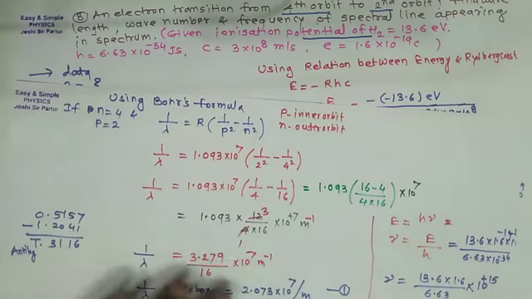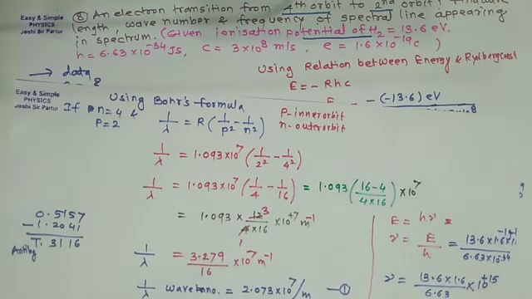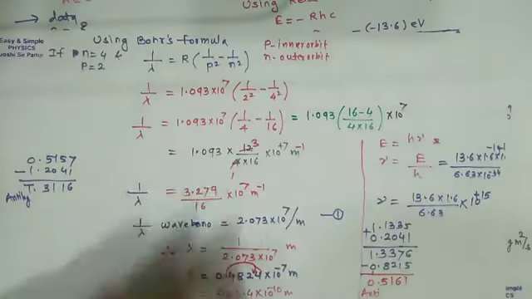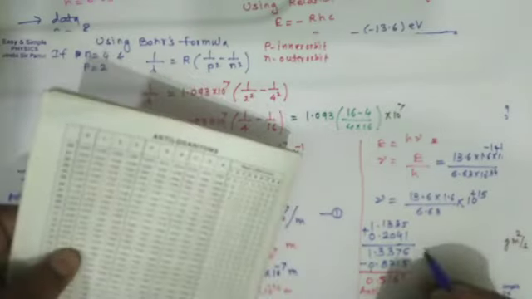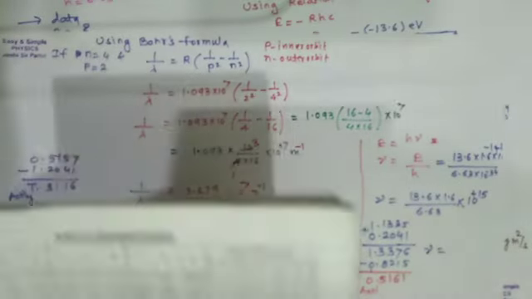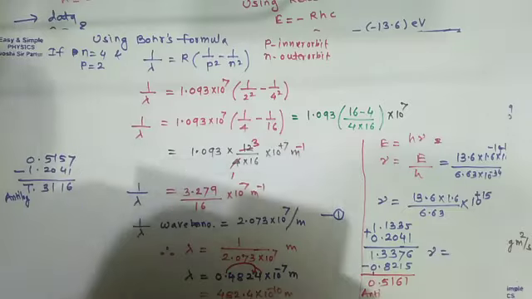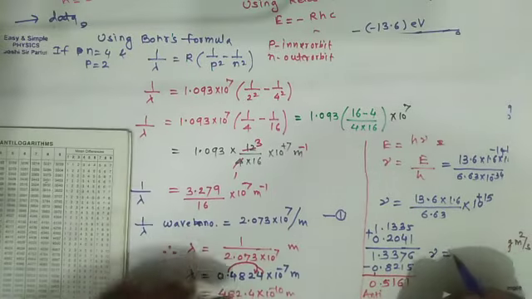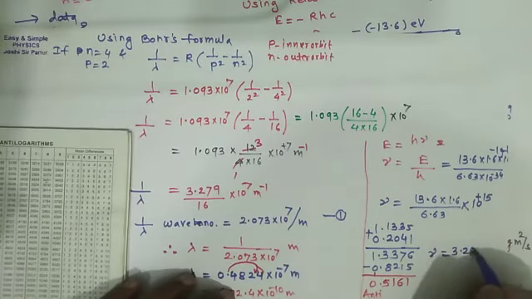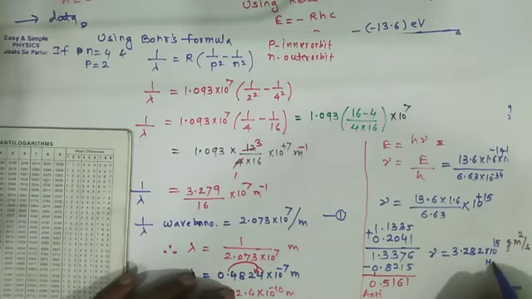So if we take the antilog of 0.5156, 1 is in mean difference. So 0.5156 gives 3281, and 1 is mean difference 82. So 3.282 into 10 raised to 15 hertz. This is the third answer.